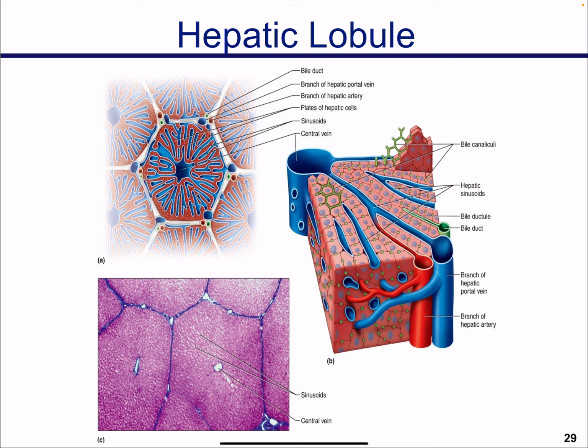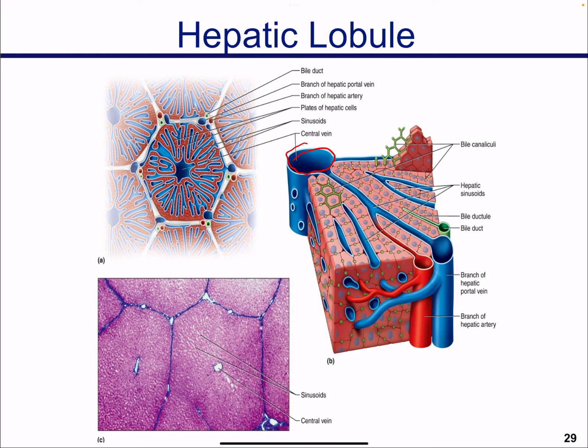Now, the liver is organized in lobules. These lobules are going to have cells that are going to be spread throughout. So now, you have a central vein right here, okay?